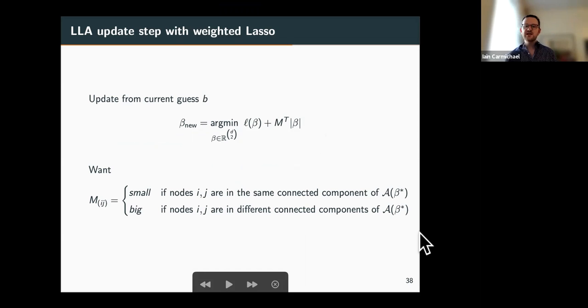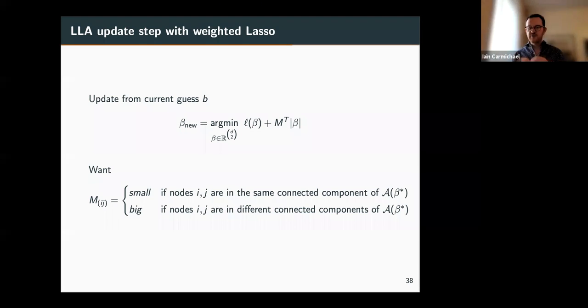And so what we would like to be true is that if we look at our target graph, we want to penalize the edges that go between blocks a lot, because we want to kill those edges. But for the edges between nodes within a block, ideally we don't penalize them at all.